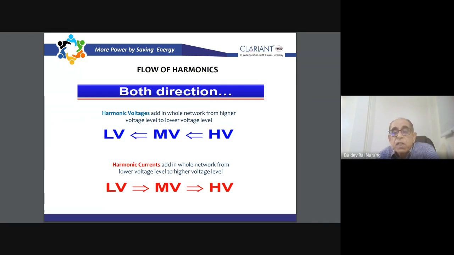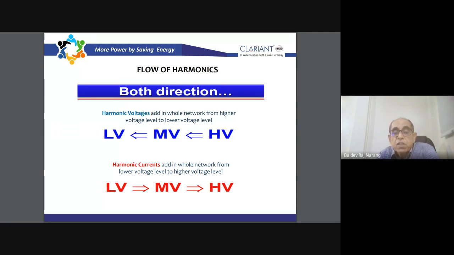During this process, flowing from the load up to the low voltage bus, medium voltage bus, through transformers to high voltage and then to the grid, they encounter impedance, and at every stage they get converted into voltage distortion. Every bus will have voltage harmonics because of the generation of current harmonics.